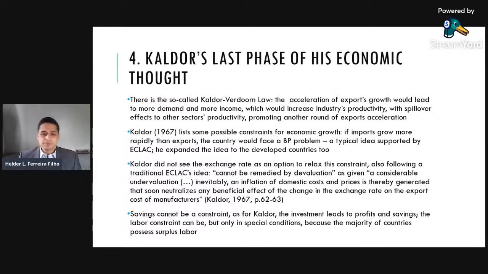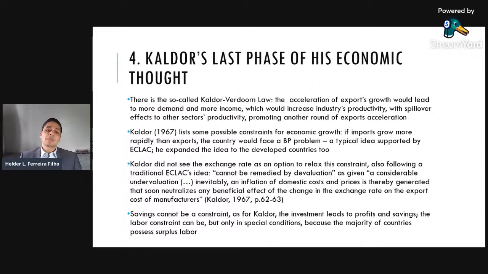Calder in 67 lists some possible constraints on economic growth. That is, if a country is importing more than exporting, eventually the country will face a balance of payments problem. Also a typical idea supported by ECLAC.